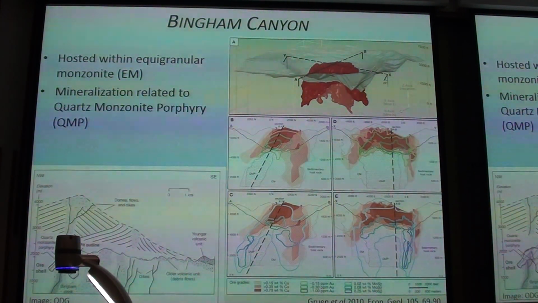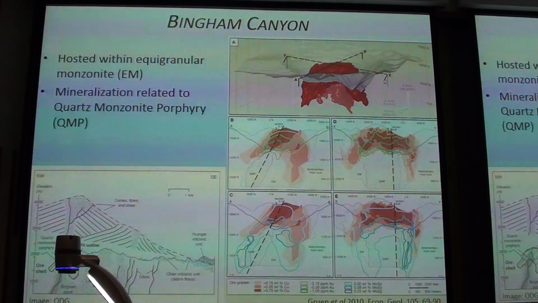An example of a copper porphyry deposit is Bingham Canyon in Utah, I believe. And this is hosted within an equigranular monzonite, but the mineralization was related to a later intrusion that formed porphyritic rock. These deposits are called porphyry because they are related to porphyritic rocks.